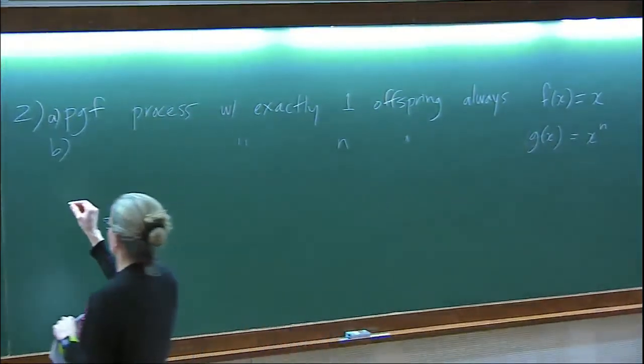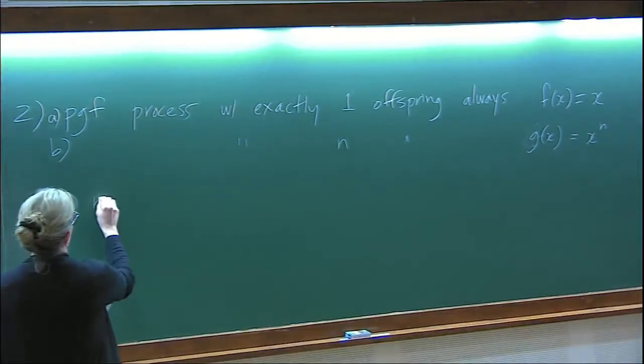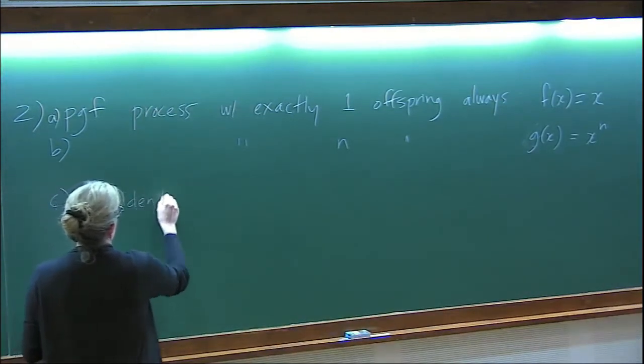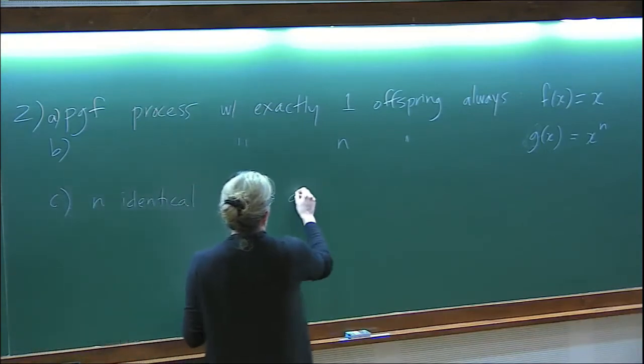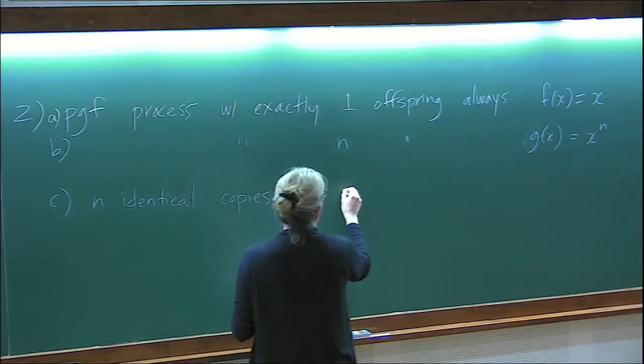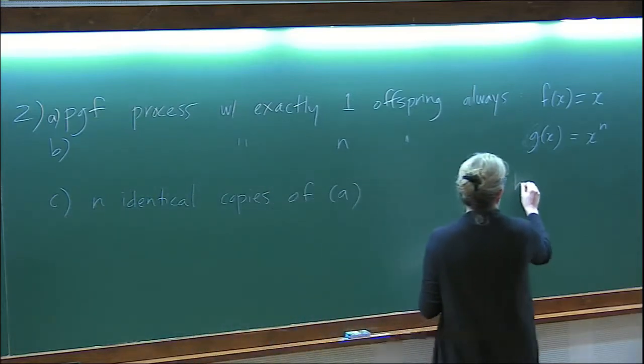Okay, here's what I wanted to point out. Suppose I have N identical copies of process A. What's the PGF for that case?